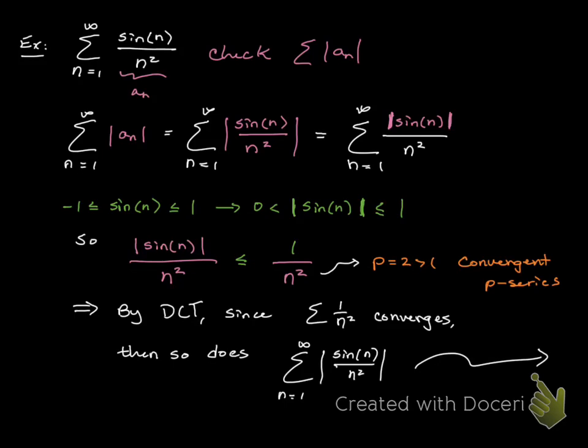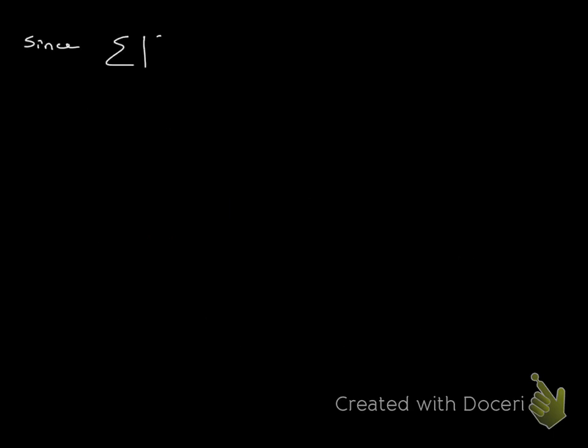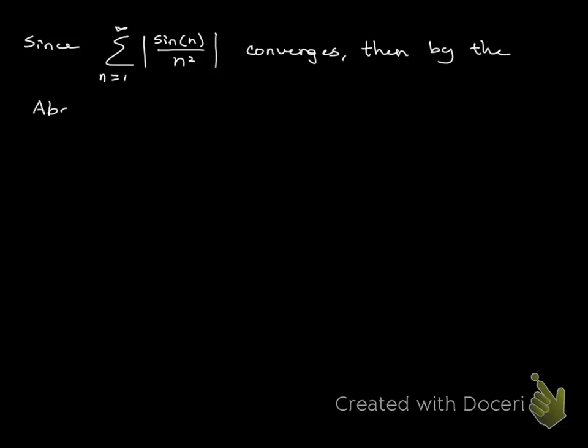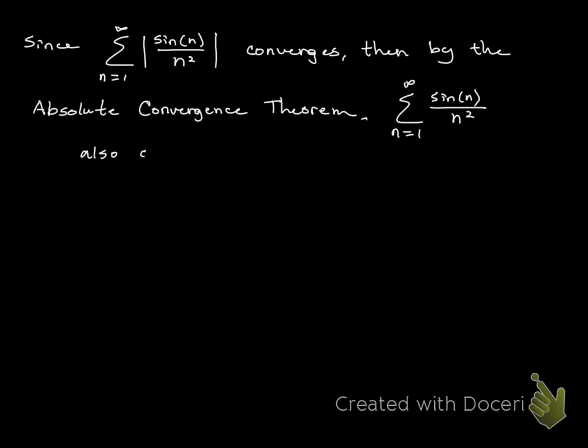Let me go to the next slide here. Since this guy converges, the one with absolute values, by the absolute convergence theorem, I have that the sum of sine of n over n squared from 1 to infinity also converges.